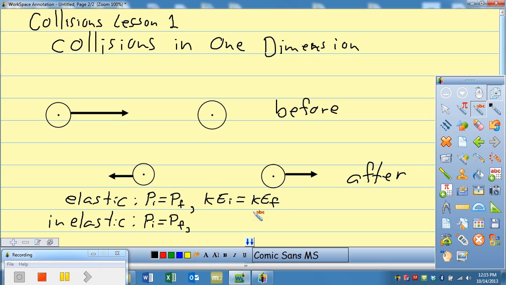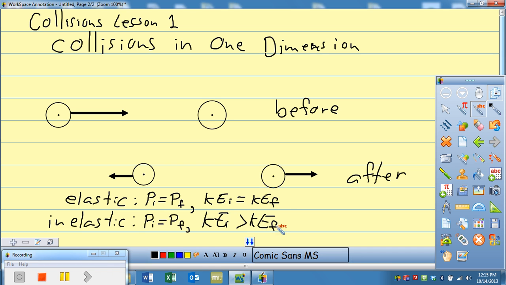That would be typically like two pool balls smacking into each other. When they bounce off, there's almost no energy loss. There's the same amount of kinetic energy initially in the first ball as there is finally in both balls combined. Whereas in an inelastic situation, kinetic energy initial is always greater than kinetic energy final.